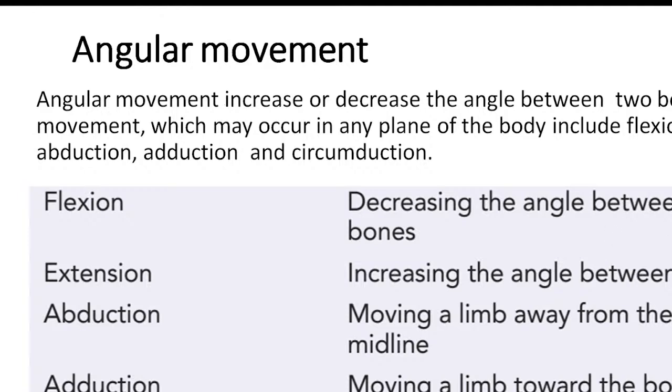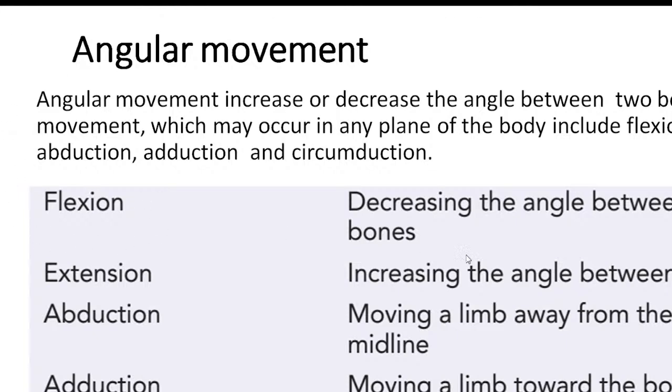Angular movement. Angular movement increases or decreases the angle between two bones. This movement, which may occur in any plane of the body, includes flexion, extension, abduction, adduction, and circumduction.